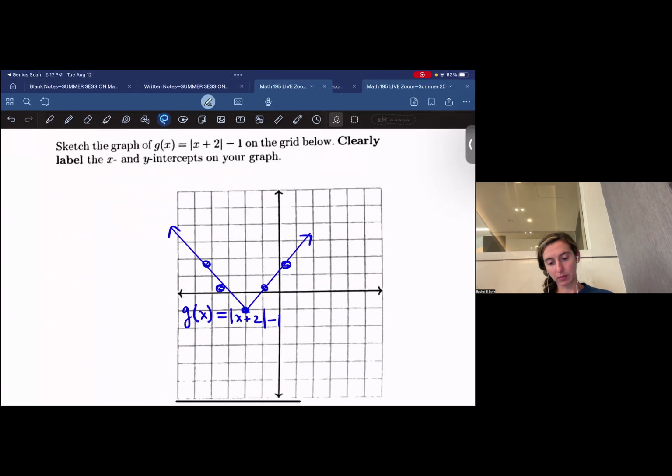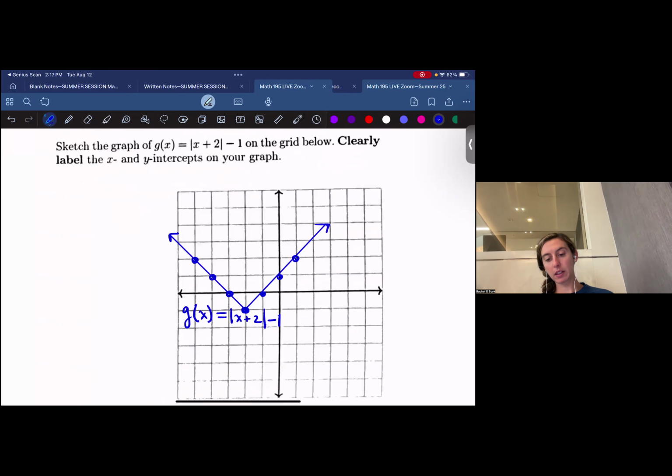They don't. All right, I'll just redraw it. There we go, much better.